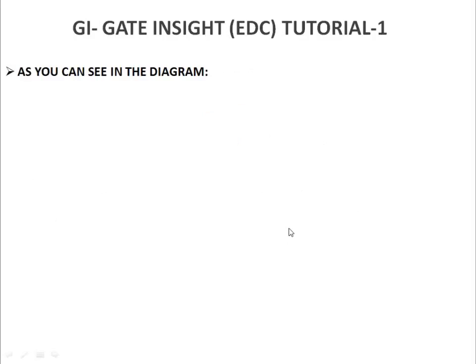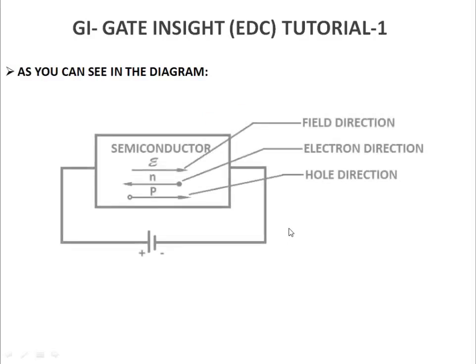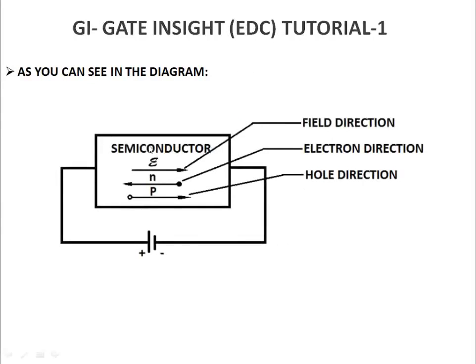We can see from the diagram, there is a diagram representation for that. We have a semiconductor bar here, and we have connected a cell with it. What we can see is that the direction of the electric field is from positive to negative, as we have studied, and the electron direction is opposite to the electric field, because the electron has a negative charge.